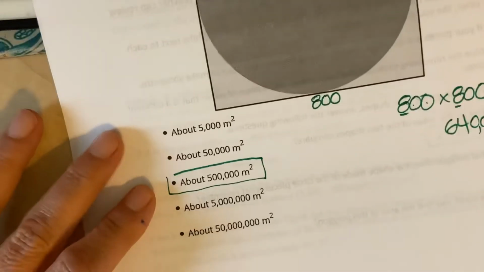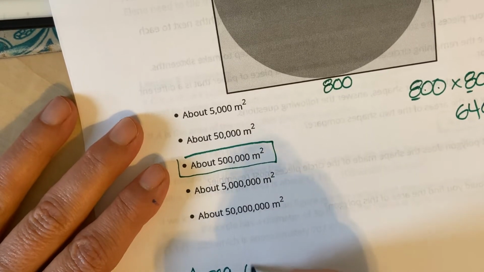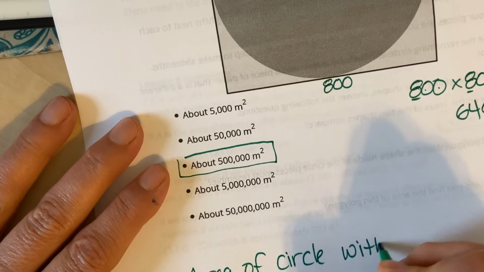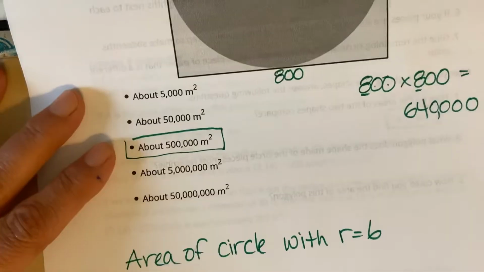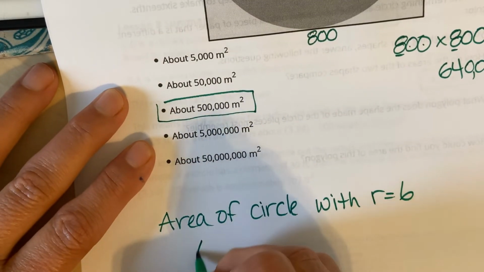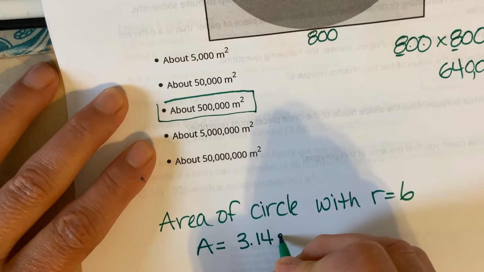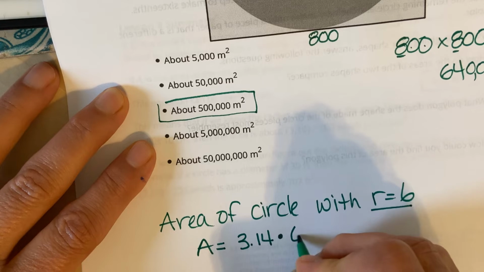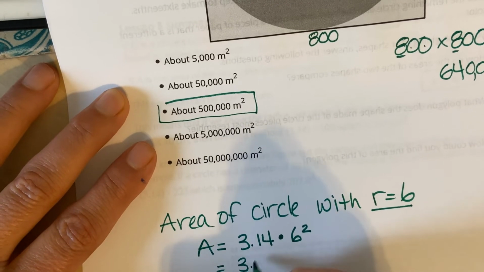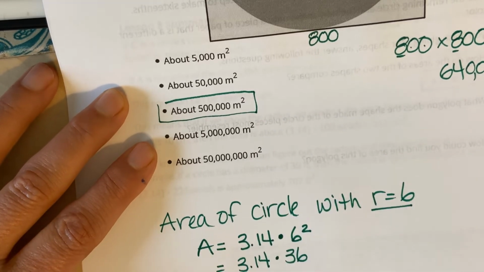So let's say I have a circle, and I want to find the area of a circle with a radius of 6, okay? So what I would do is I would say area is equal to pi times my radius squared, pi times 6 times 6 is 36.